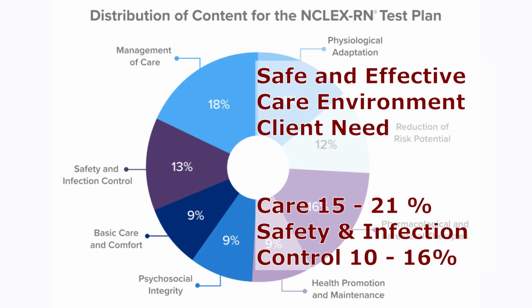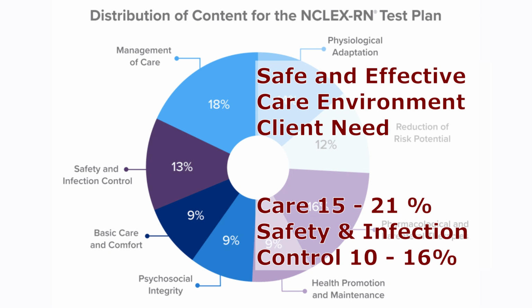The first category of the NCLEX is the safe and effective care environment. This focuses on ensuring a secure and effective environment, not just for your clients, but for your healthcare workers as well. All right, so don't forget some of your legal stuff will go into this too.